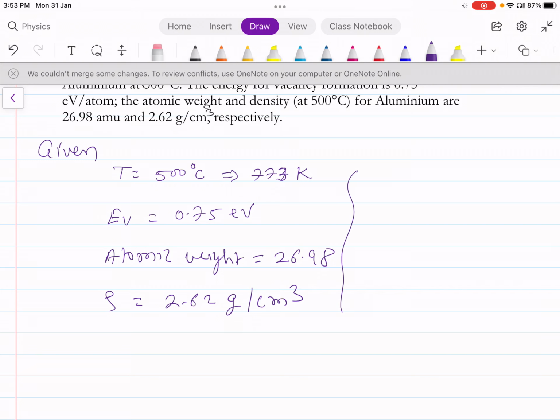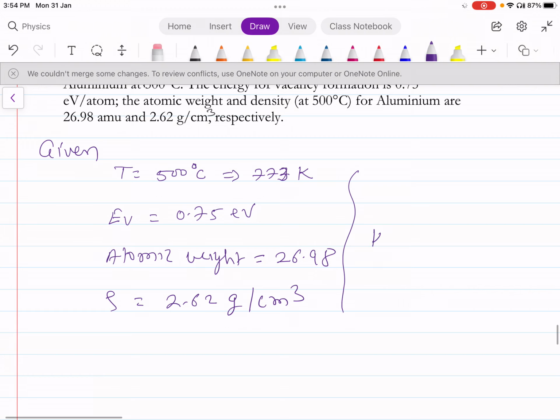We also require Boltzmann constant to solve this sum, and Boltzmann constant is 8.62 into 10 to the power minus 5 electron volt per Kelvin.